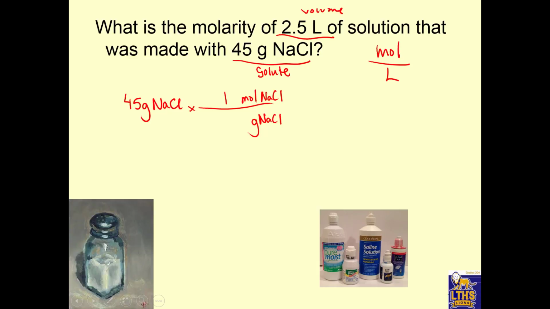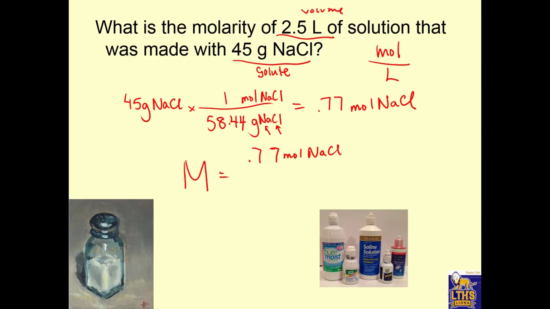We go to the periodic table and we get Na plus Cl is 58.44 grams. All right, 45 divided by 58.44 is 0.77 moles of NaCl. So to get the molarity, we need the moles, 0.77 moles of NaCl over 2.5 liters of solution, and the molarity is 0.31 moles per liter, or 0.31 capital M.